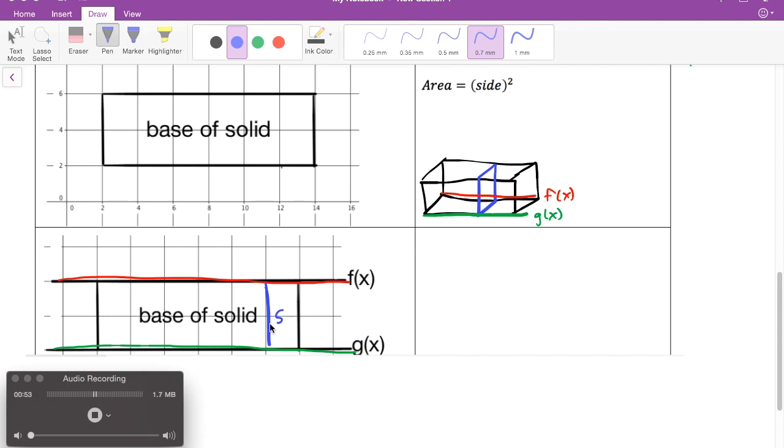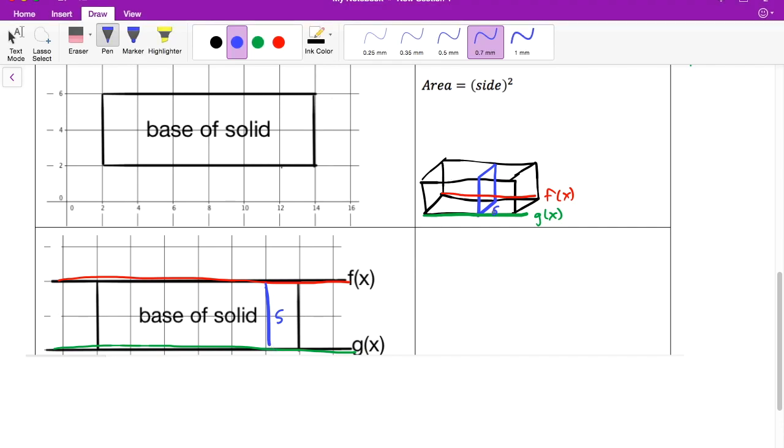So what I've done here is show the correspondence. The red line represents this length here in the prism, and the green function g is represented here, and one side of the square cross section is s. So it's the distance between the function f and the function g, which you can see is right here.